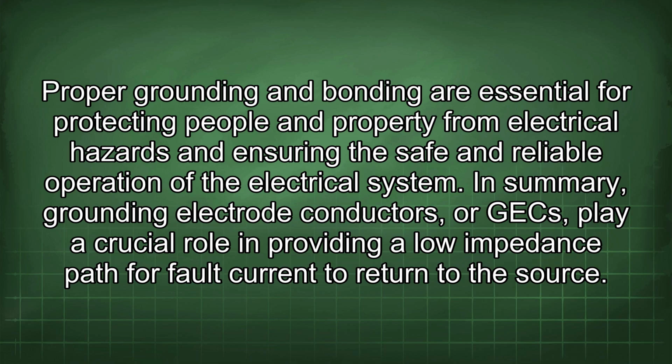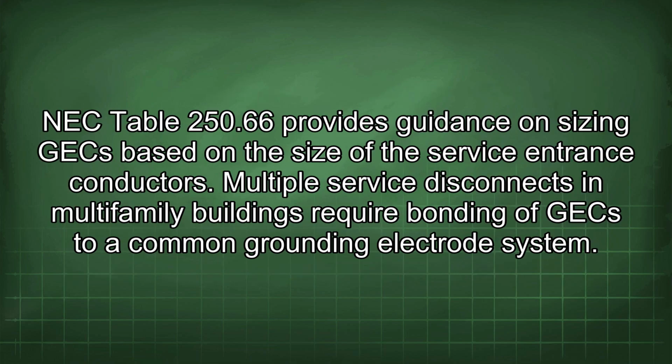In summary, grounding electrode conductors, or GECs, play a crucial role in providing a low impedance path for fault current to return to the source. NEC Table 250.66 provides guidance on sizing GECs based on the size of the service entrance conductors. Multiple service disconnects in multifamily buildings require bonding of GECs to a common grounding electrode system.